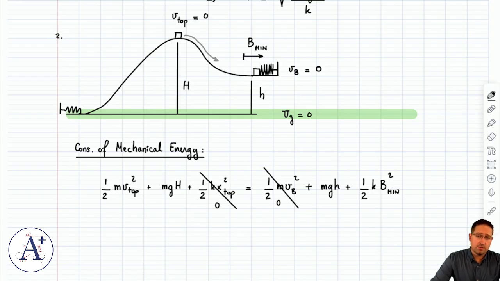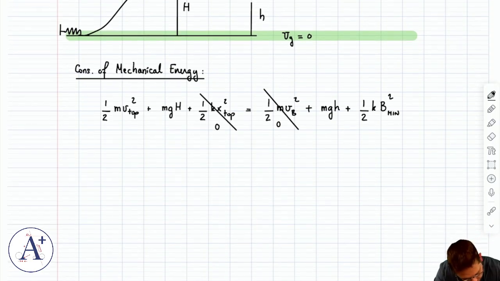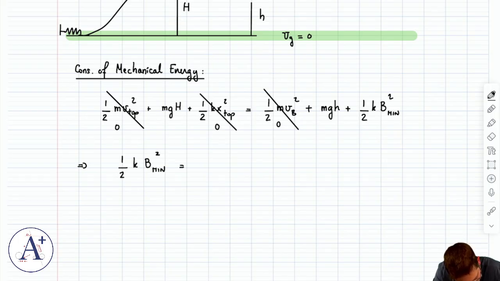All right. I'm going to solve for B min. Okay, so it's not too bad because I get 1/2 K B min squared. Oh, by the way, sorry, this is 0. Should have knocked that out. Is equal to mg big H minus little h, if we subtract this term on both sides.